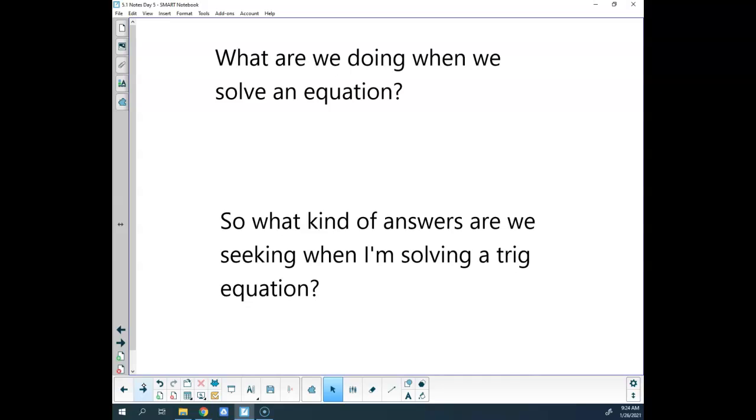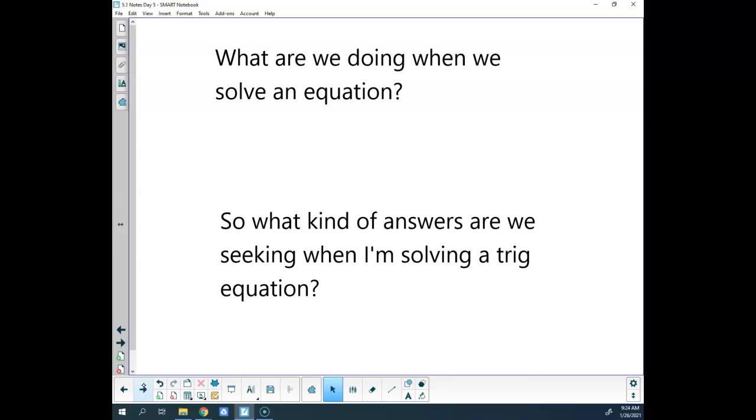When we solve an equation, we're finding values of x, or values of whatever our variable is, that make that equation true.